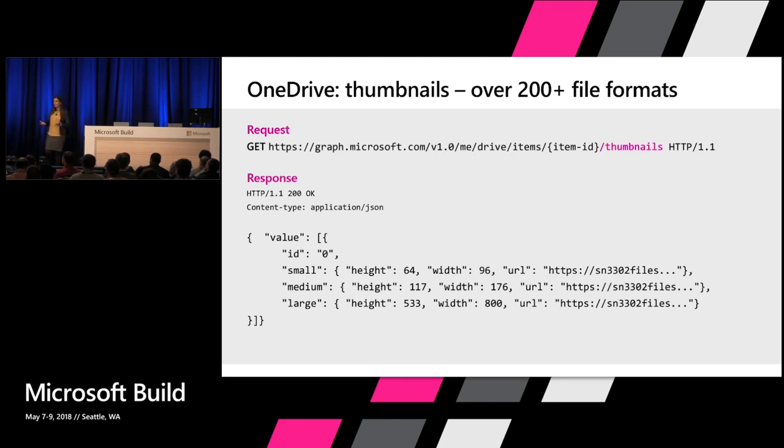Now, it's actually 300 file formats that are supported by SharePoint. So if you have a CAT file stored in SharePoint, you can call the Thumbnails API and get a rendering of that CAT file right in your application, right? So you don't have to write that logic. You can bring any of the files that are stored in SharePoint and bring in the visuals in your application.